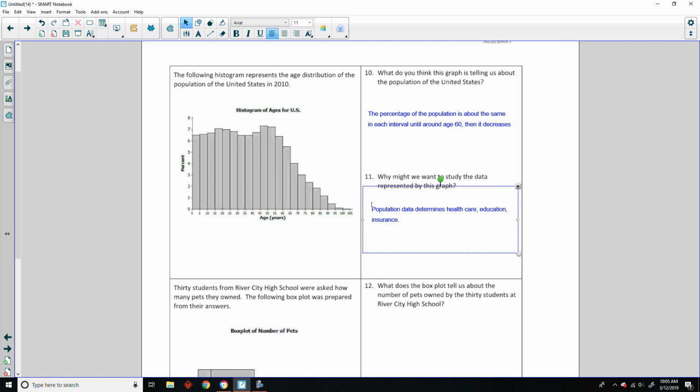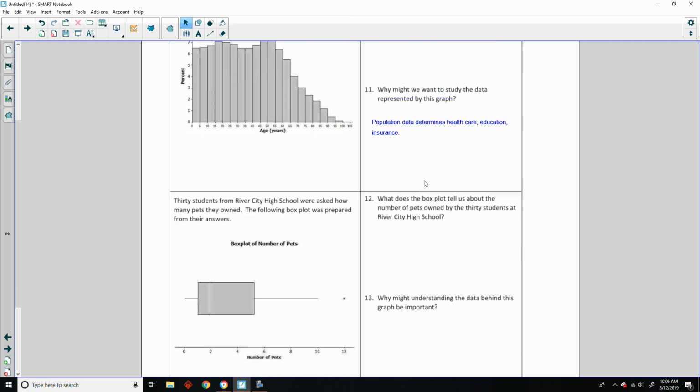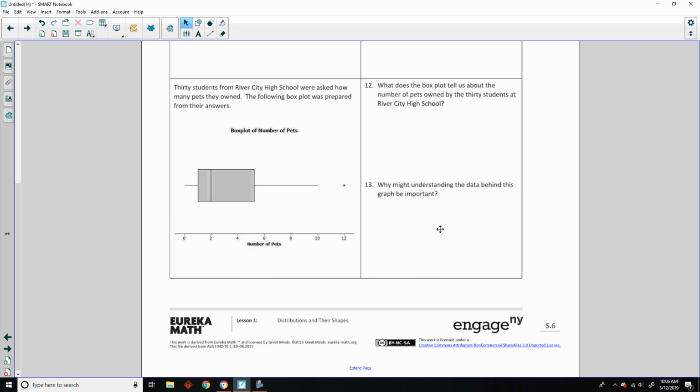If I'm an insurance company, what are my risks of selling someone life insurance if they're 70 years old? What is their life expectancy once they're at that age? How much should I charge them so I don't lose money if they pass away? That kind of thing. So there's a lot of information coming from population age. All right, next problem.